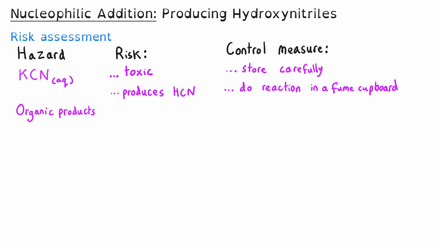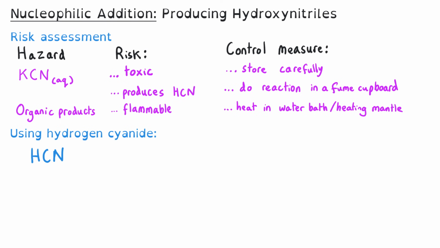In addition, this mechanism produces some organic products which are flammable, and so the control measure here is to heat this reaction, if you want to warm it to increase the rate of reaction, in a water bath or with a heating mantle, definitely no direct flames.